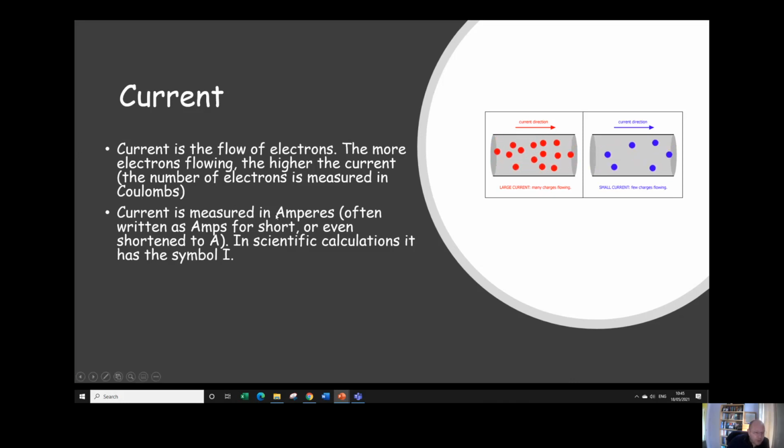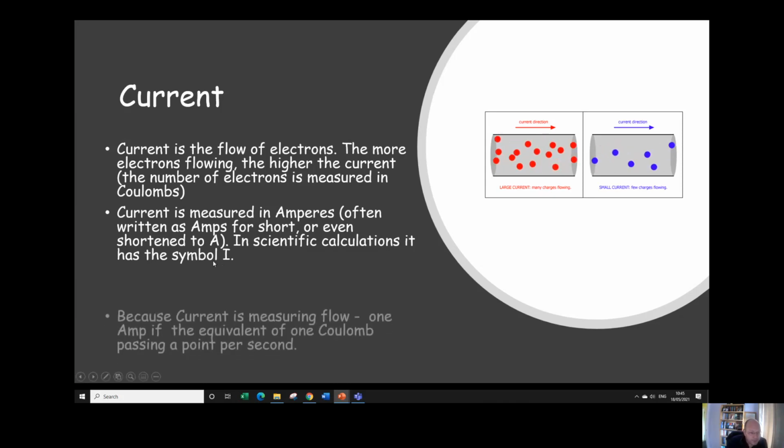Current is measured in amperes, often shortened to amps, or even A. But in scientific calculations we would use the symbol I, because originally current was called electrical intensity, and it has stayed as the symbol I for current.